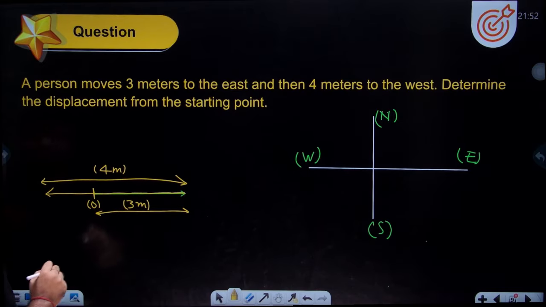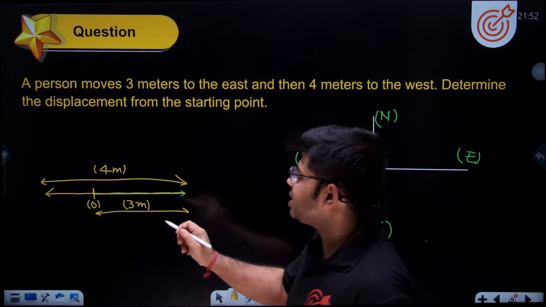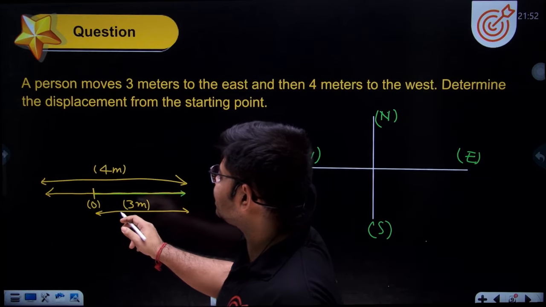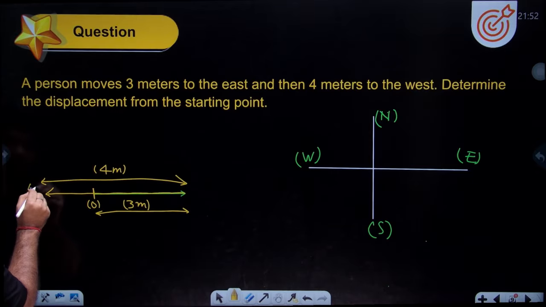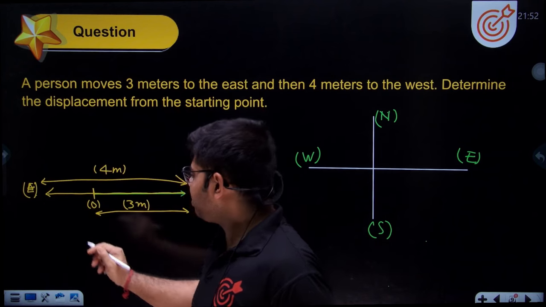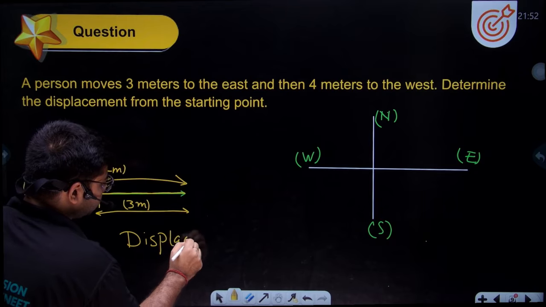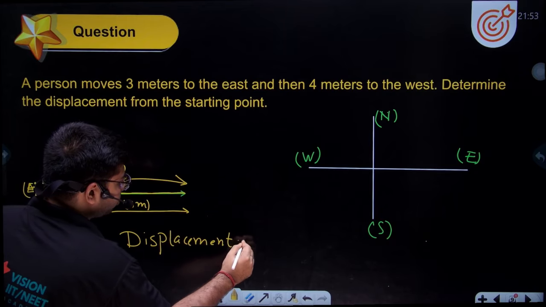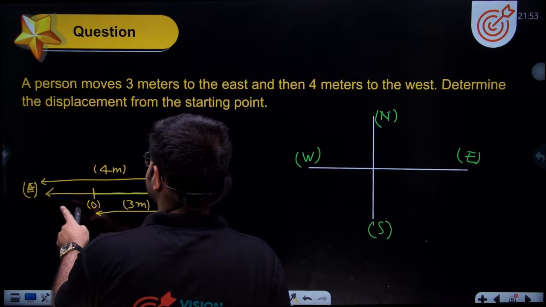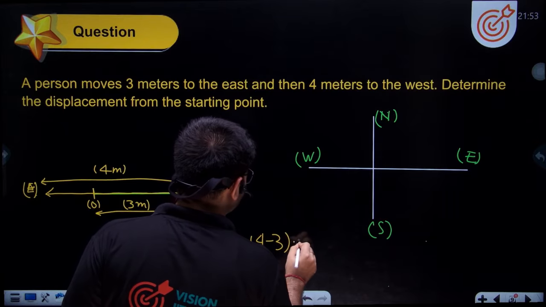So what is the displacement? If you are asked about the displacement now, what is the displacement? Displacement means what is your finish point? You have to first say, this is your finish point or the end point. I'll call it E. Okay. So this is my E. Right? And this is O. So the displacement becomes from starting point to end point distance, and that becomes nothing but 4 minus 3, 1 meter.